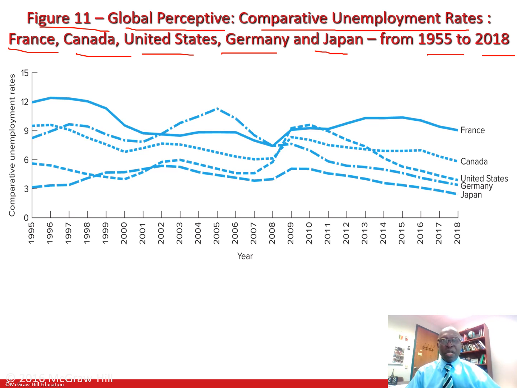You can see that the unemployment rate for France in 2018 was higher than the one for Canada, which was also higher than the one for the United States, which was higher than Germany, and the unemployment rate in Germany was also higher than in Japan in 2018. The reason for these differences is that these nations have different natural rates of unemployment and may be in different phases of their business cycle.